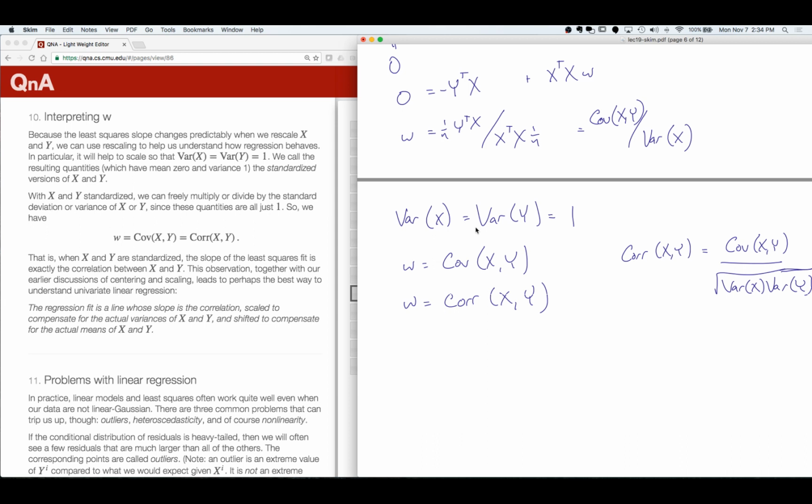So in particular, if you increase the variance of y, then you increase the slope, and if you increase the variance of x, you decrease the slope. And we also talked about how to handle non-zero means. You wind up just changing the intercept to compensate for the actual means of x and y.